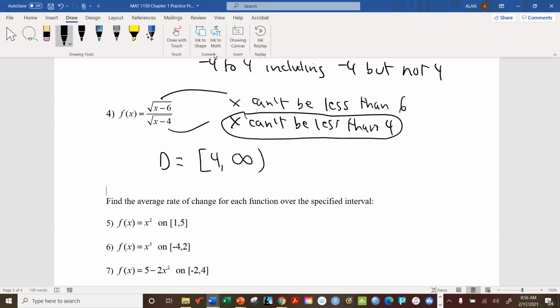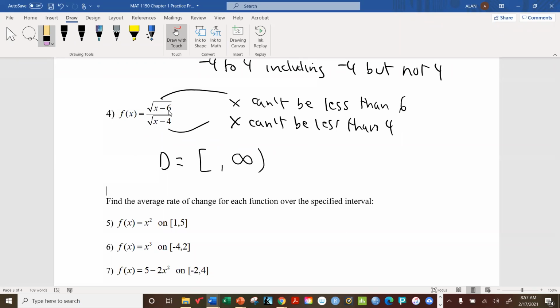Oh, wait a minute. What am I saying? No, wait. Because if you put a 4, oh crap, I just realized, no, it has to be 6. My fault, sorry. It's the other way around. It has to start at 6, because then at 6, this one is 0 and this one is positive.